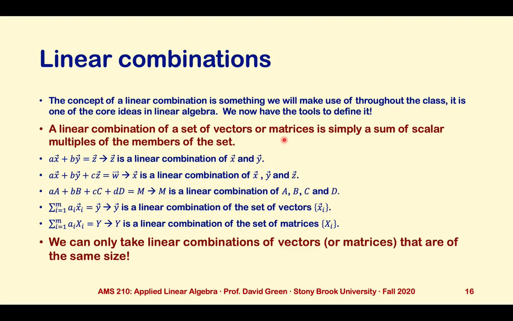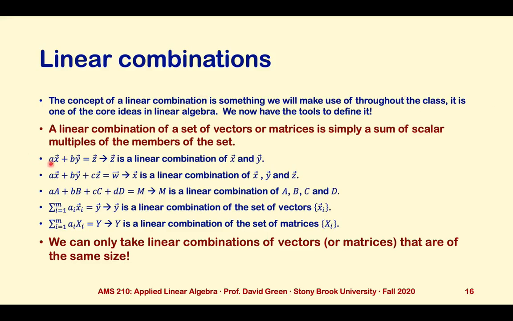A linear combination of some set of vectors or matrices is simply a sum of scalar multiples of the set. So we can take vectors or matrices and multiply them by a scalar, add those results together. The result is a so-called linear combination.